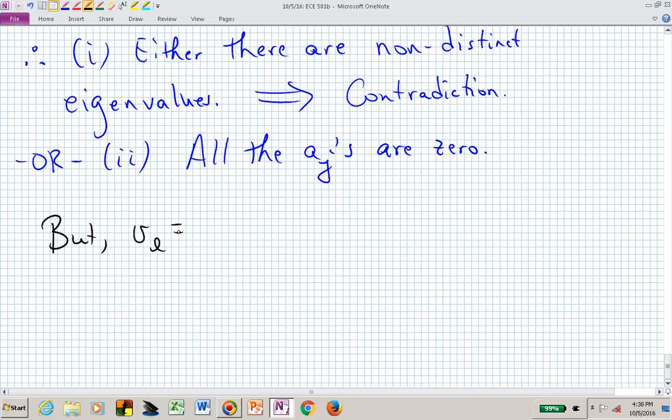V sub L was actually equal to A1 V1 plus A sub 2 V sub 2 plus up to A sub L minus 1 V sub L minus 1. And if all the A's are 0, what does that tell us about V sub L? It's the 0 vector.